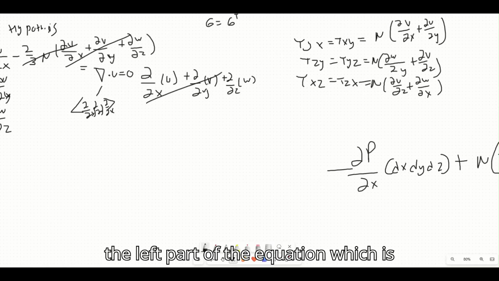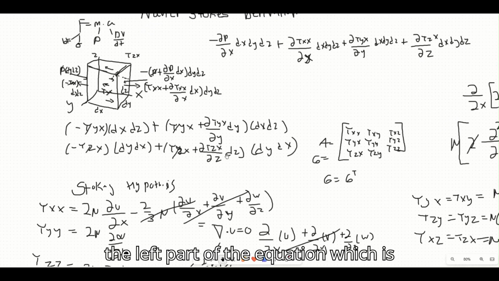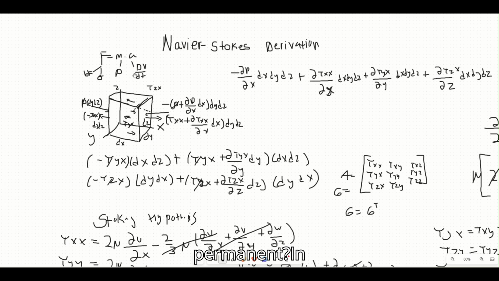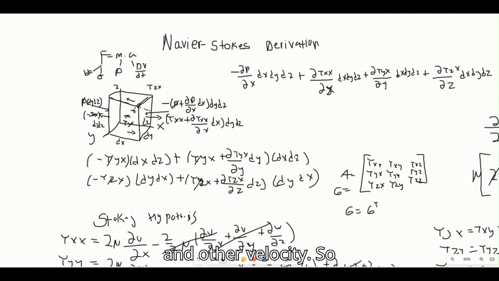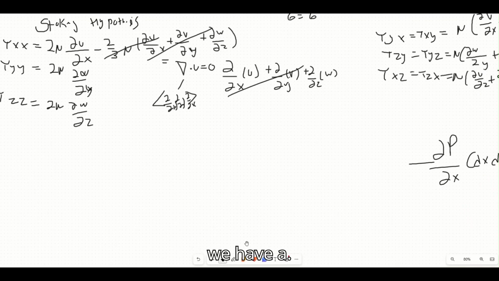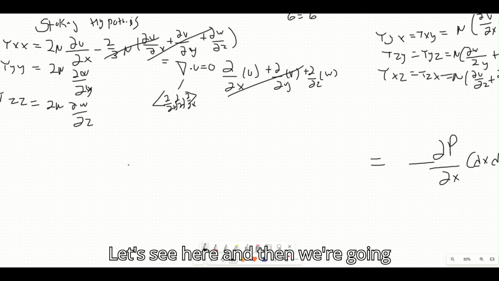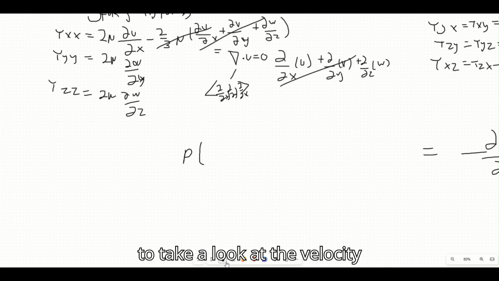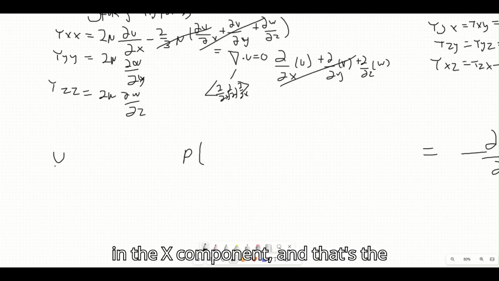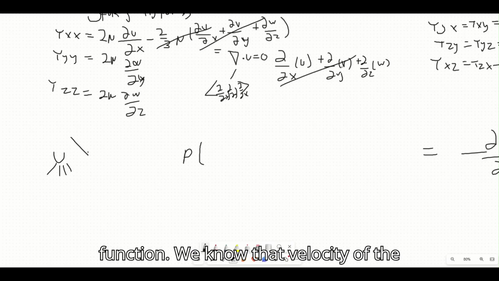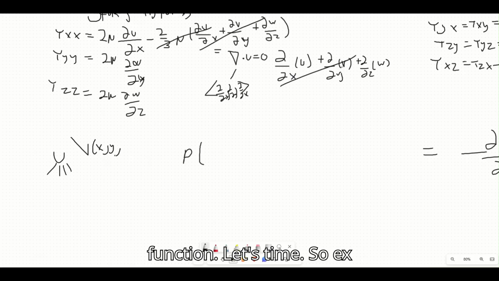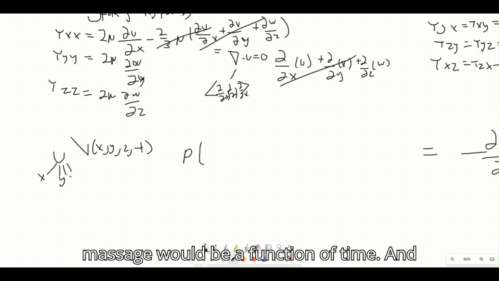Now the left part of the equation, which is turning mass acceleration into terms of density and derivative velocity. So we have our density here, and then we're going to take a look at velocity in this x component, and that's a function. You know that velocity is a function of time. So x must also be a function of time.